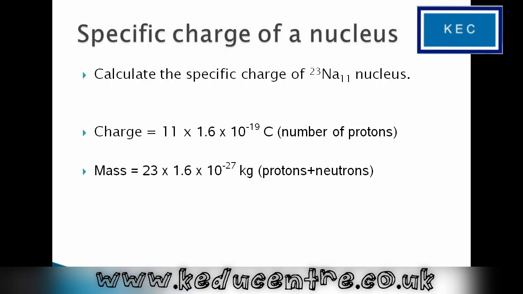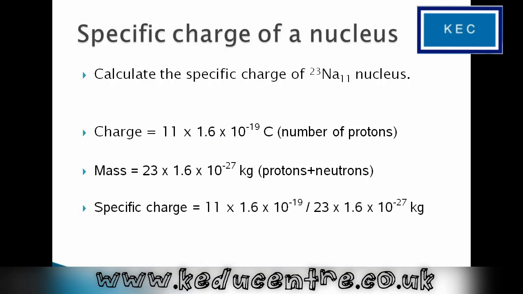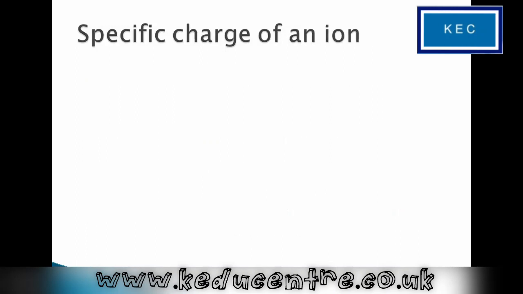We are looking at the mass of protons and neutrons together. So specific charge will be equal to 11 into 1.6 into 10 to the power of minus 19 divided by 23 into 1.6 into 10 to the power of minus 27 kg. So the specific charge of a sodium nucleus will be equal to 4.23 into 10 to the power of 7 coulombs per kg.